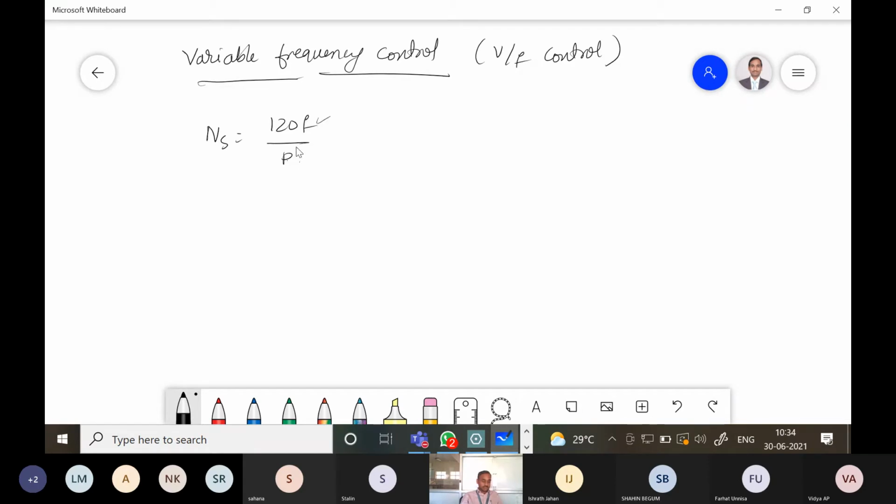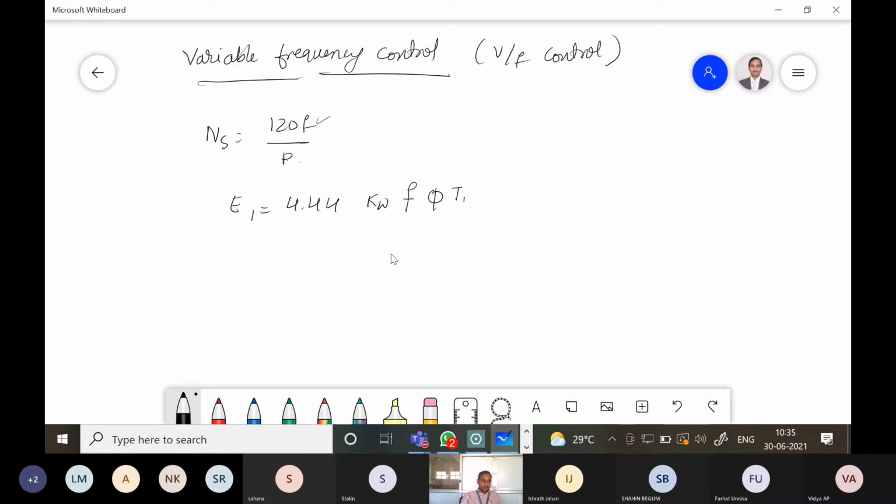The EMF induced in the stator is given by the EMF equation E1 equals 4.44 Kw, where Kw means Kd Kp, the winding factor, times frequency, flux phi, and number of turns.